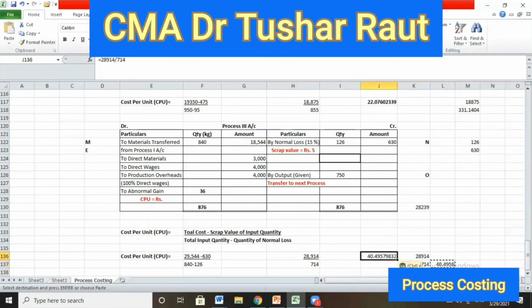So I'm writing over here 40 point 49. This will be your CPU. For writing, it will be 40.50.